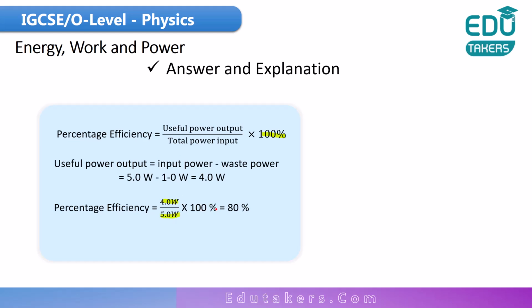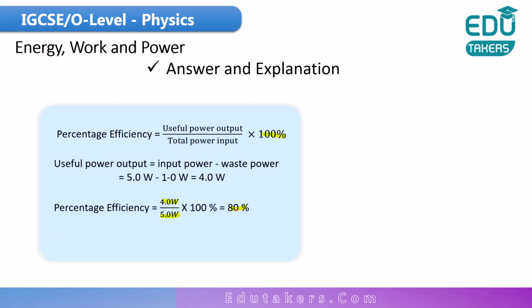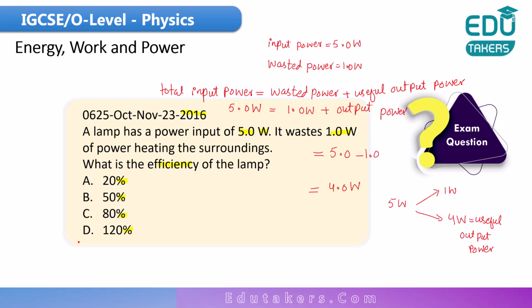Multiply it with 100% so that the efficiency comes into percentage. You get 80%. It means that the device is 80% efficient. Hence, C answer is correct. Let's go back and see the answer again. Here in the C, 80% efficiency is given. It means that answer C is correct from here.